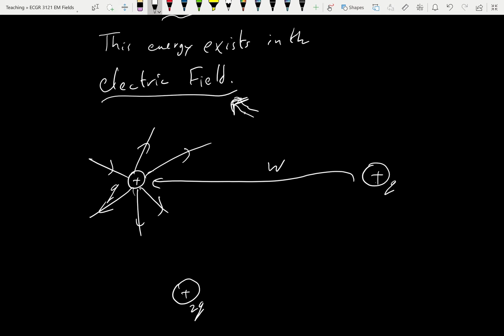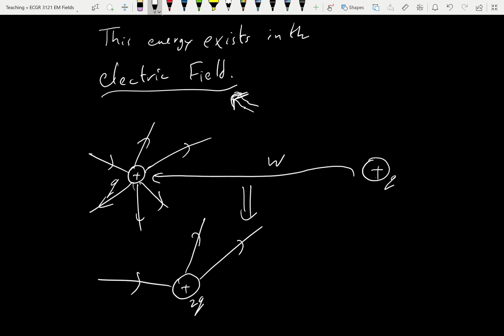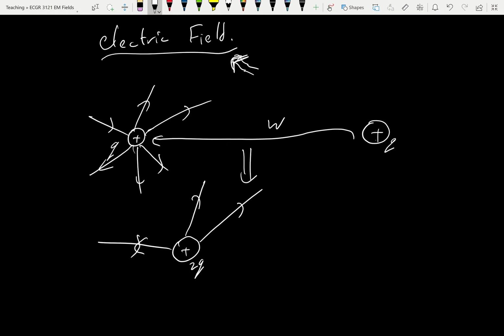So that doubles the field. So after I'm done with this action, moving this extra charge, I doubled the electric field around this new charge now. Intuitively it makes sense that this field doubled because I added the extra work.